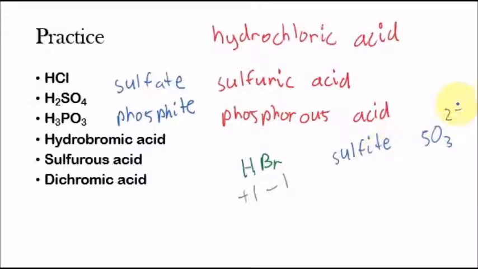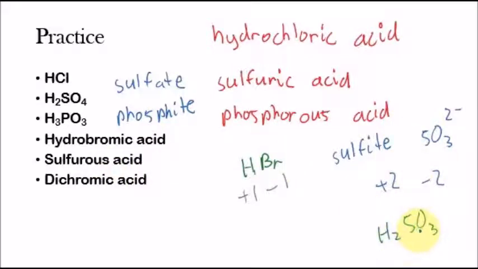Since this has a -2 charge, we need a +2 charge to balance that out. Since hydrogen has a +1 charge, that means we're going to have 2 hydrogens to balance out the SO3, the sulfite. So H2SO3. Each hydrogen has a +1 charge, multiply that by 2 to get +2, and they balance out. So sulfurous acid is H2SO3.